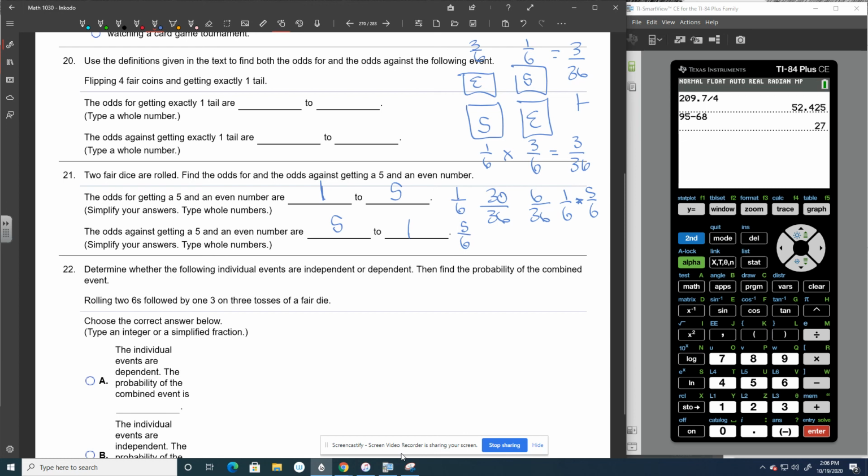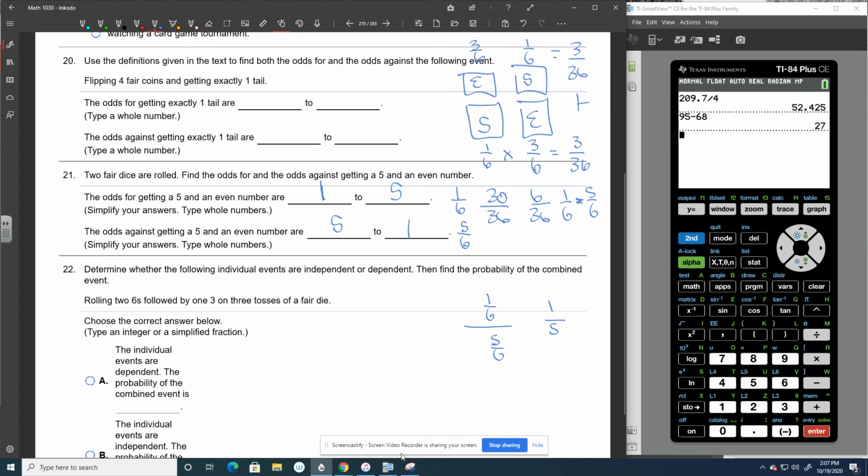If we were to write this out all the way, we would say there's 1 out of 6 chances of it happening to 5 out of 6 chances of it not happening, which gives you that 1 to 5 odds. Remember, odds and probability are different. So be careful on 20 and 21.